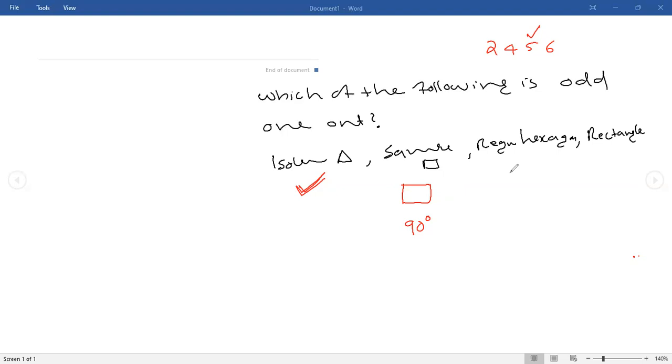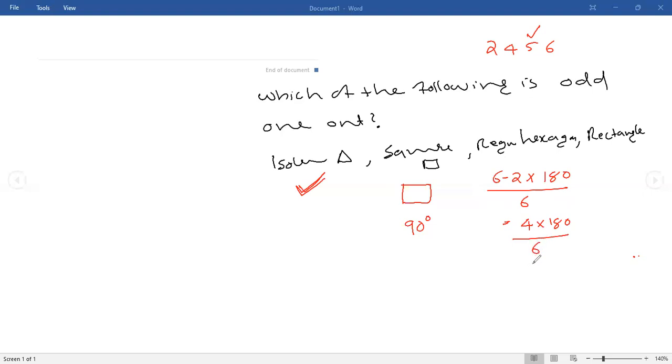In a regular hexagon, how can we find the answer? Hexagon means it is having 6 sides, right? So 6 minus 2 into 180 divided by 6. 6 minus 2 means 4. 4 into 180 divided by 6 will be the answer.